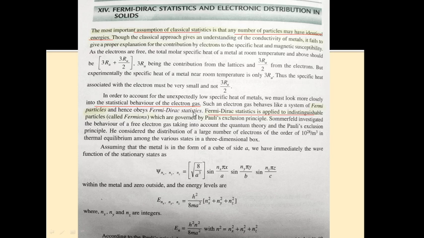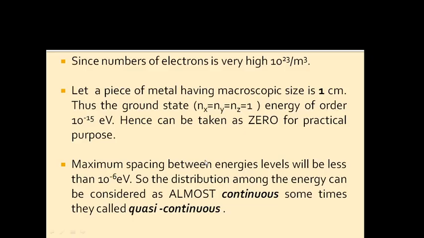That was the first correction made by Sommerfeld. Fermi-Dirac statistics is applied because the particles are indistinguishable. This is a tagline. That's how we are able to do so.